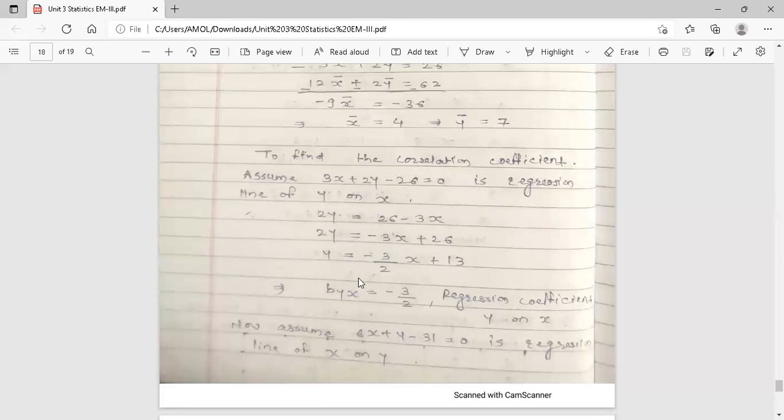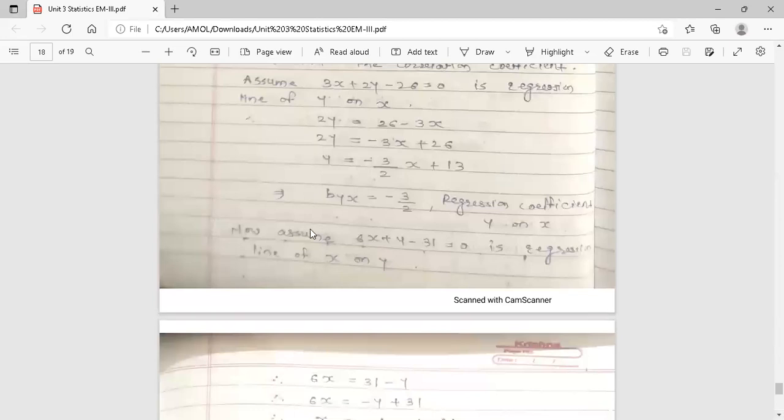We assumed it is the regression line of y on x, so the term with x is nothing but the regression coefficient. Always remember that when there is a regression line of y on x, the coefficient of x is the regression coefficient of y on x, that is, the value of byx. So it is equal to minus 3 by 2.